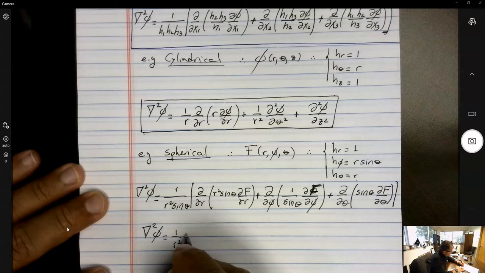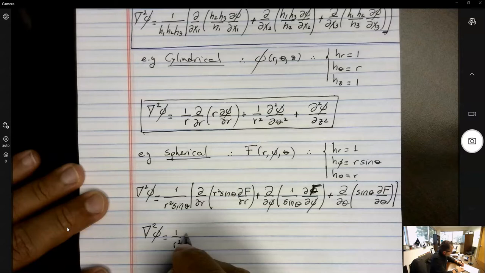And in this expression, there's nothing I can do. I cannot take the sine of theta out of this expression, obviously, because this is the differentiation with respect to theta. So this will be plus 1 over r squared sine of theta, the derivative with respect to theta of the sine of theta df d theta.